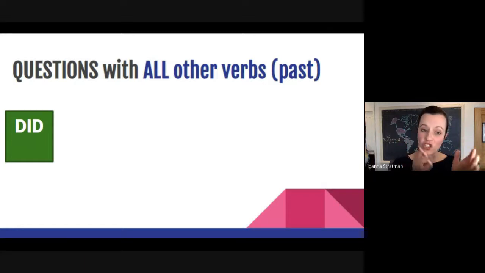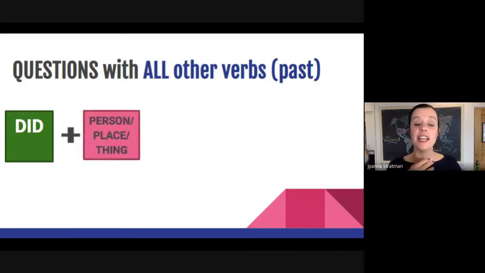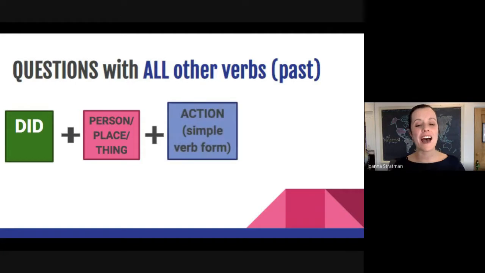So we start with did in yes or no questions. Then again, we have the name of a person, place, or thing, you, or he, or she, or Bozeman. And then we have our action word.